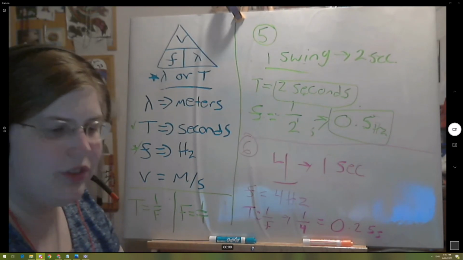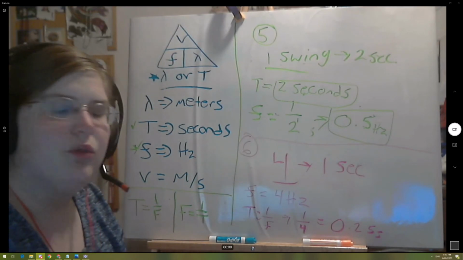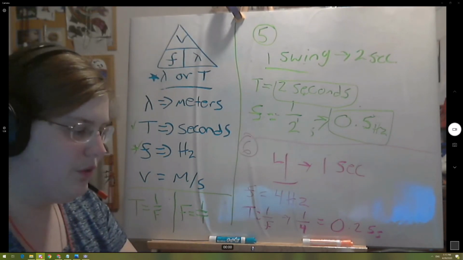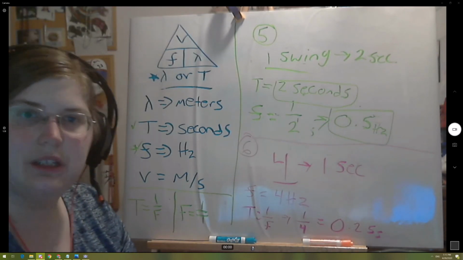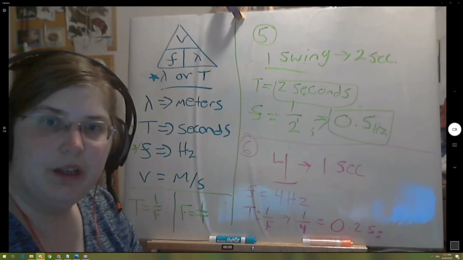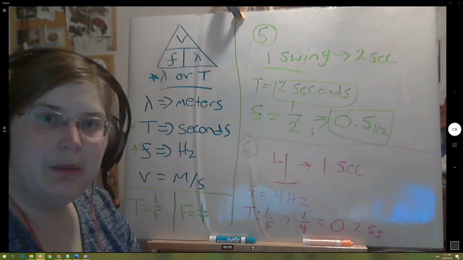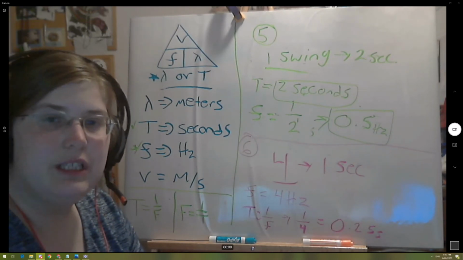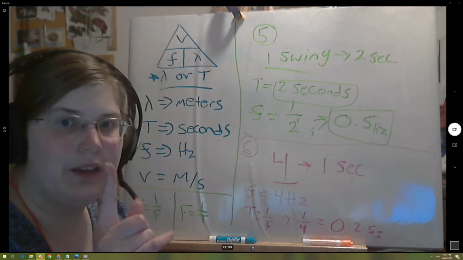So for the rest of them, like 7 through 9, you kind of need to understand and reread every single time which one of these is your frequency and which one is your period. Period is the amount of time it takes for 1 cycle to happen, whereas the frequency is how many cycles go through in 1 second.